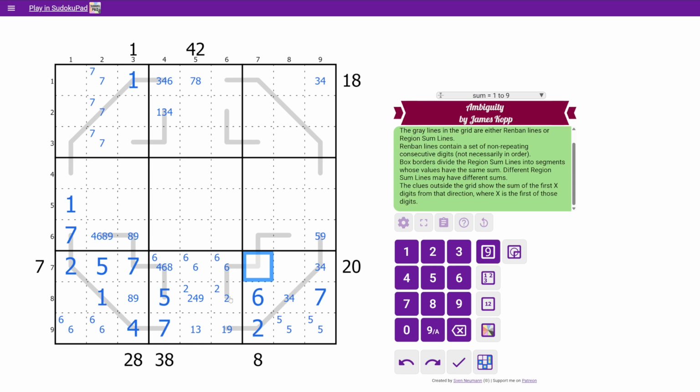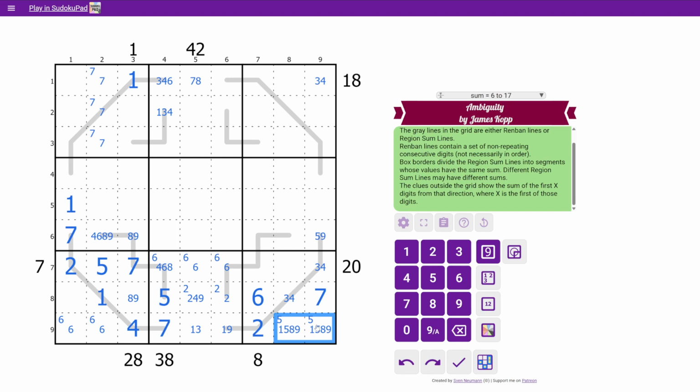What else could that be? Can this have a 1 on it? I mean, it could. What can go down here? 1, 5, 8, or 9. 1, 5, 8, or 9.